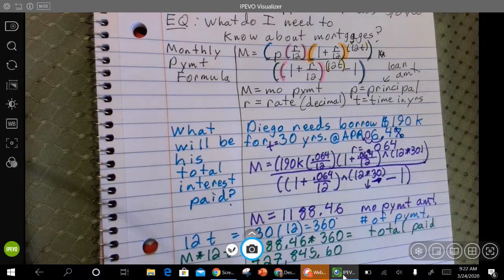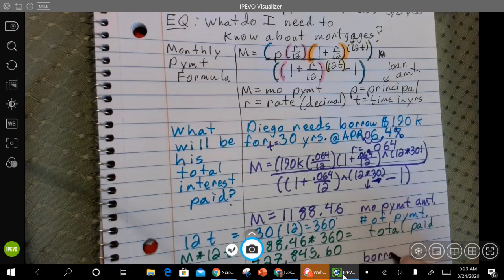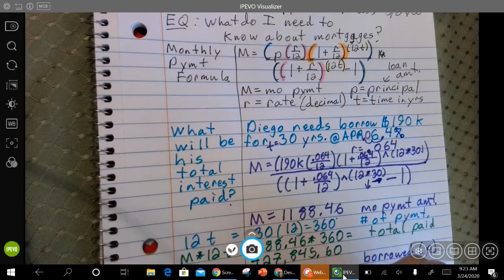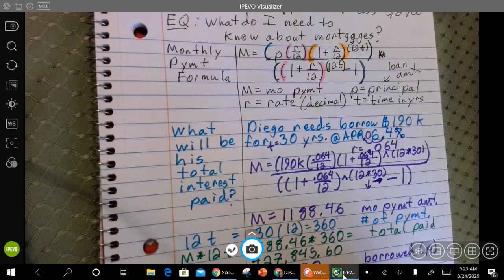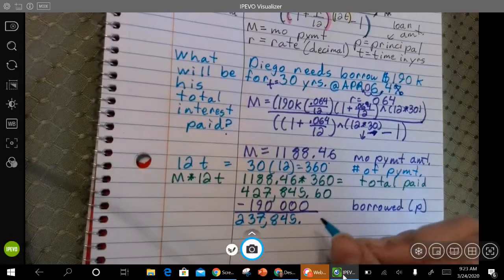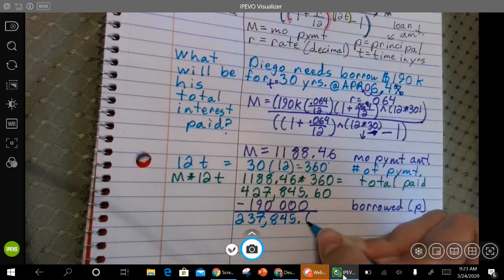Okay. And then what we do is we subtract the amount that's borrowed. So our P amount, our principal, so 190,000. Okay, and we're going to get $237,845.60.